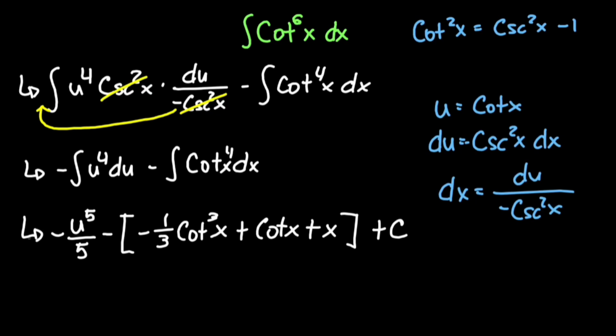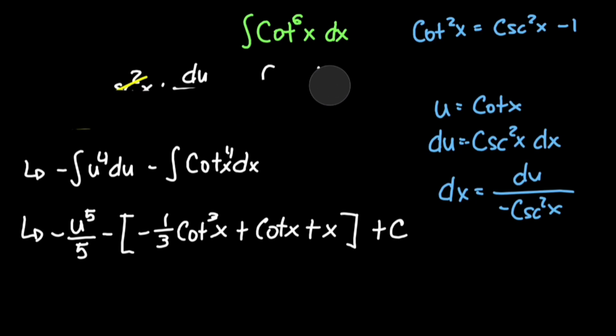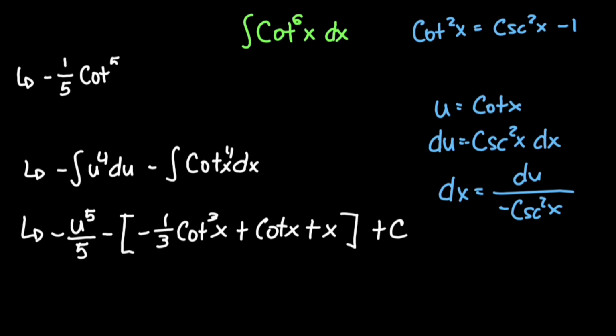So the final answer here, substitute u back first, so this would be negative 1/5 cotangent to the power of 5 x plus 1/3 cotangent cube of x minus cotangent x minus x plus c. This is the final answer.